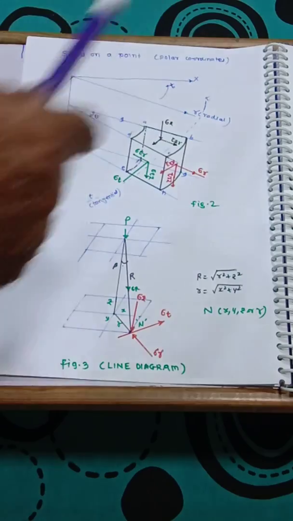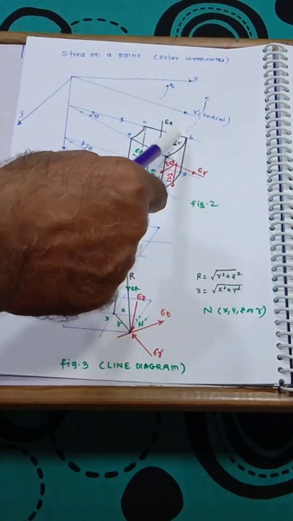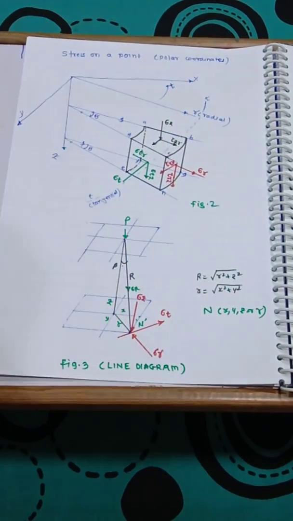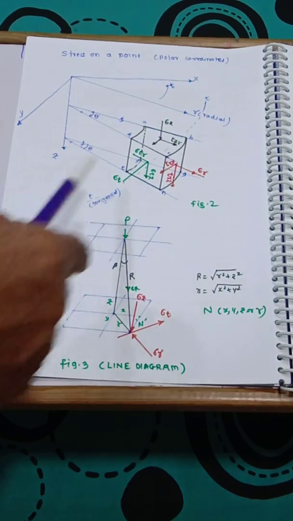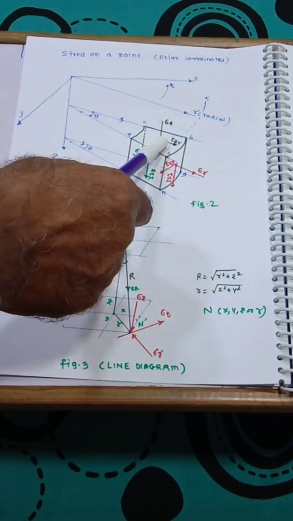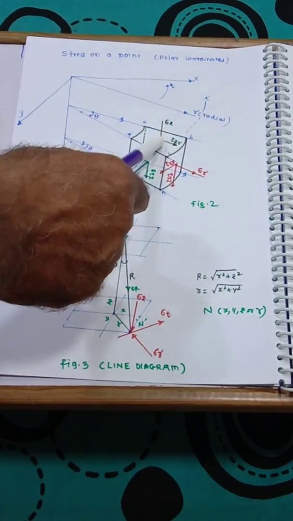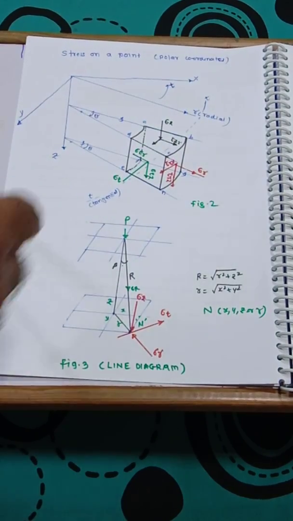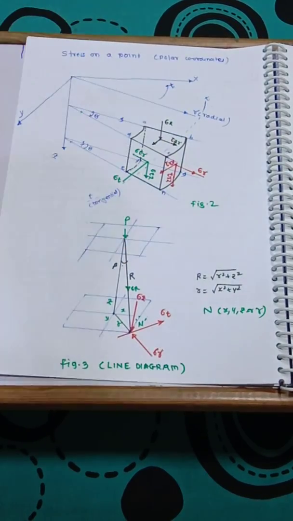This is a perpendicular stress, that's why it is sigma z, and parallel to the plane are the shear stresses. Here I purposefully left one stress.